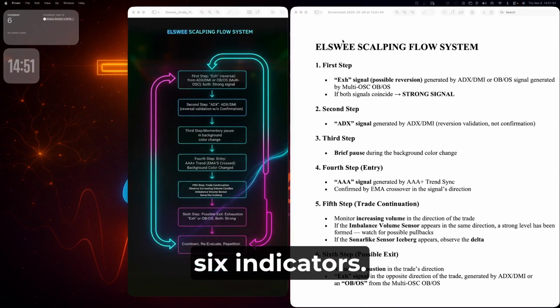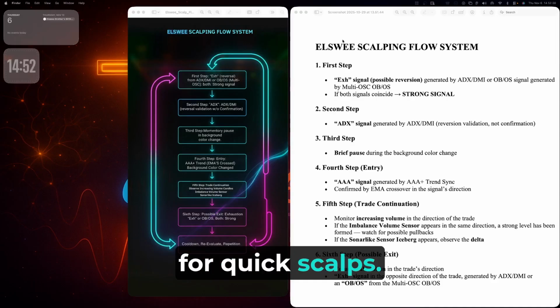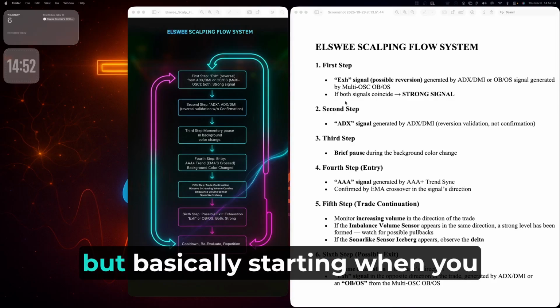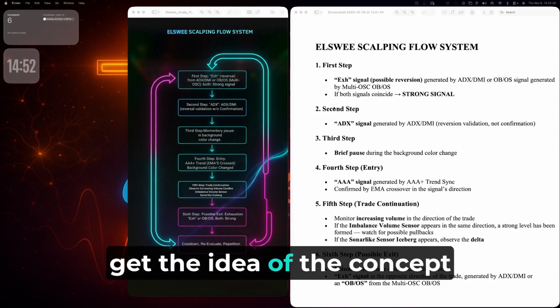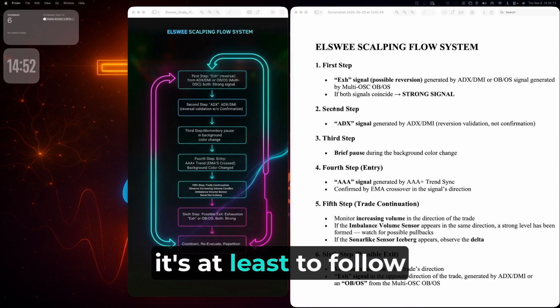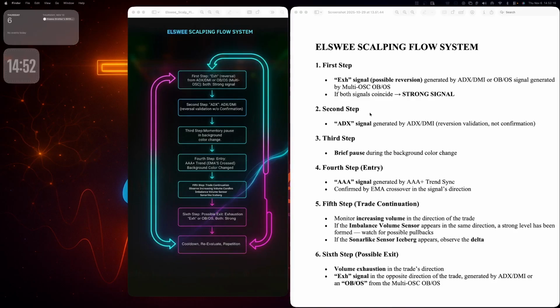There are 5 or 6 indicators. They all provide signals for quick scalps. We can enter, exit, and continue, but basically, starting when you get the idea of the concept of this chart, it's at least to follow the safest path.